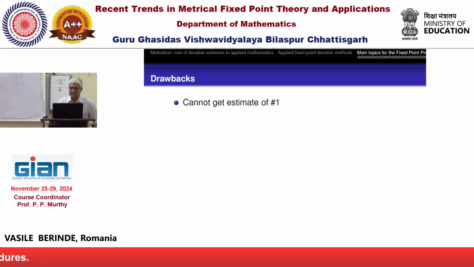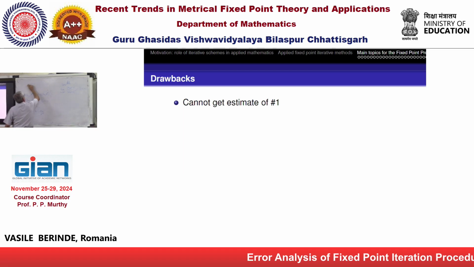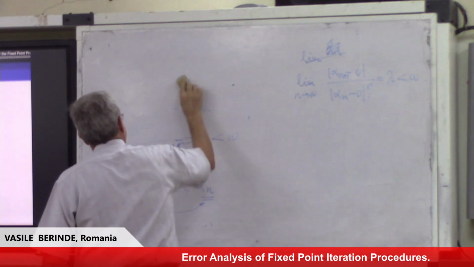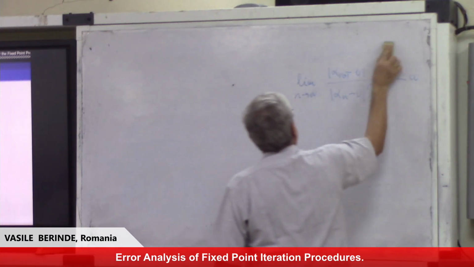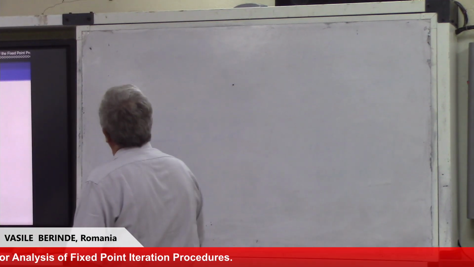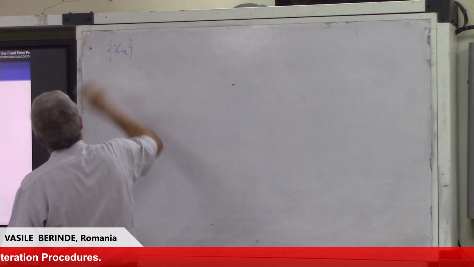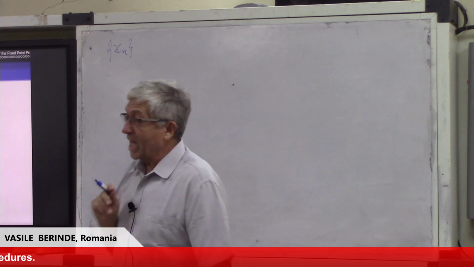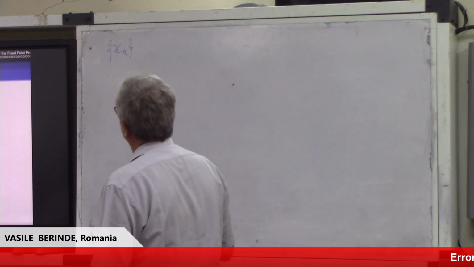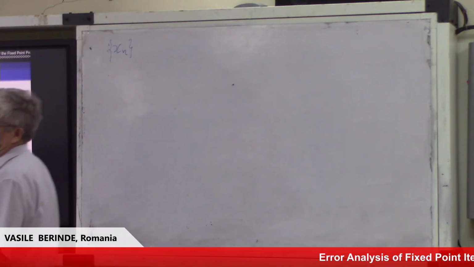What about having such kinds of rates of convergence? We have an iterative scheme. I don't say what kind. We have this sequence. In many instances, you have seen, I gave a rate of convergence for Banach contractions.